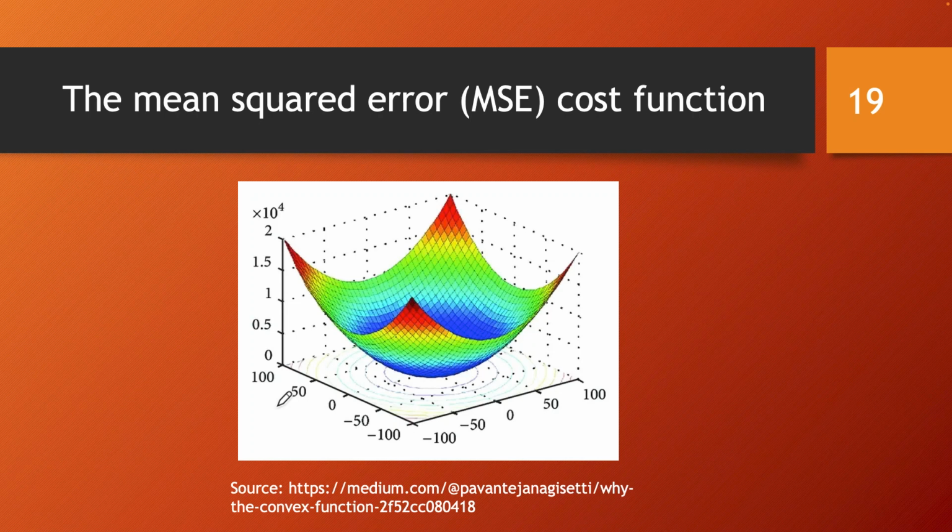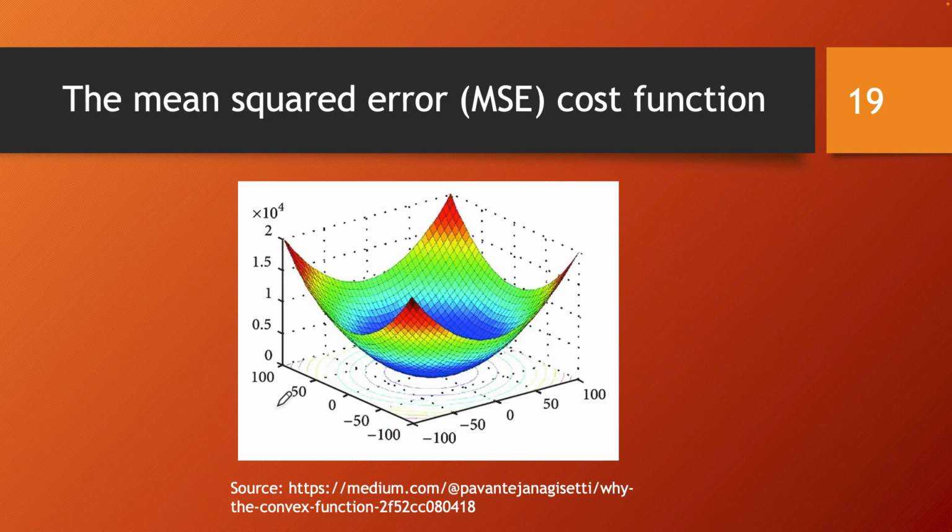I mentioned that in practice, most of the time people use the mean squared error for the cost function. And there is a good reason for this. The special advantage of the mean squared error function is that it only has one minimum.